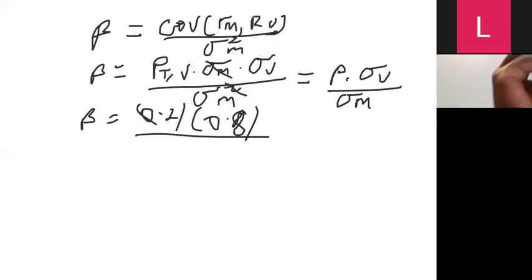So when you do the simple calculation, 0.2 times 0.8 divided by 0.25, you have your beta equal to 0.64.